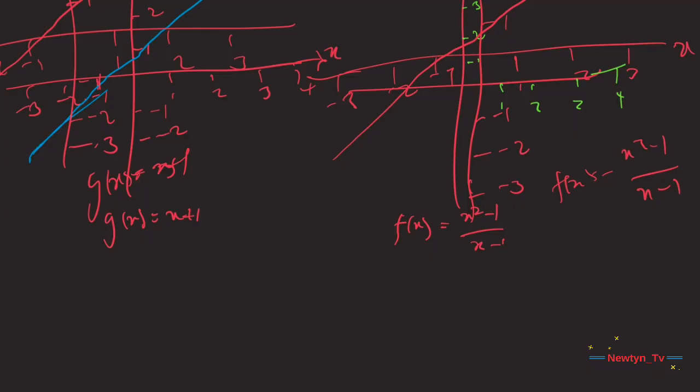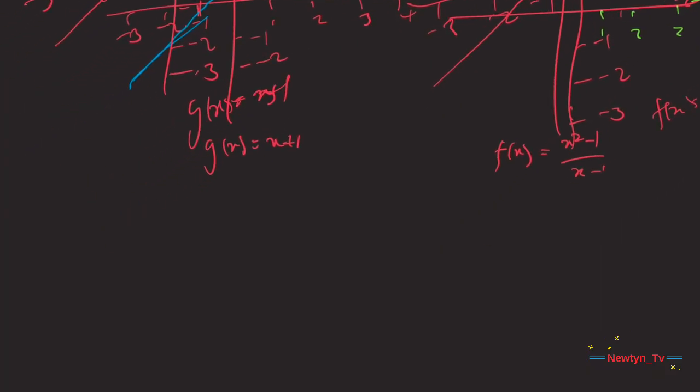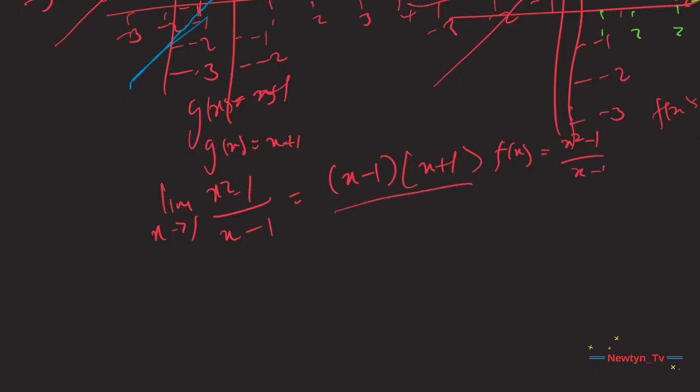Okay, so we can see that the limit of (x squared minus 1) over (x minus 1) as x approaches 1 will be equal to (x minus 1)(x plus 1) over (x minus 1).